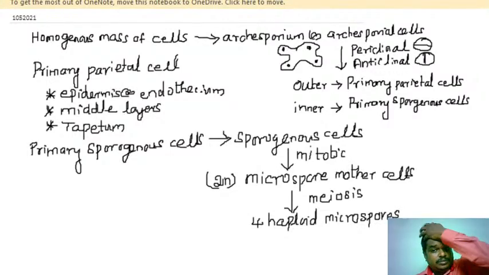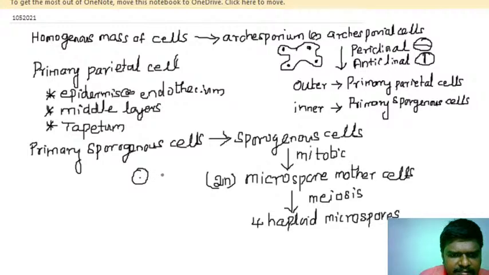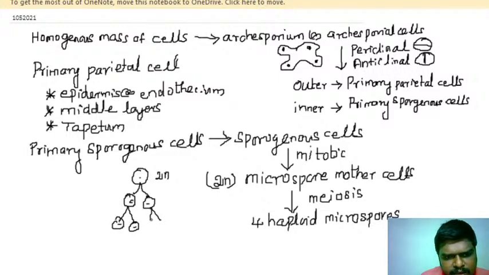So the microspore mother cells undergo meiotic divisions. We know that meiosis has 2 phases, that is meiosis 1 and meiosis 2. The diploid cell undergoes divisions and forms 4 haploid cells.